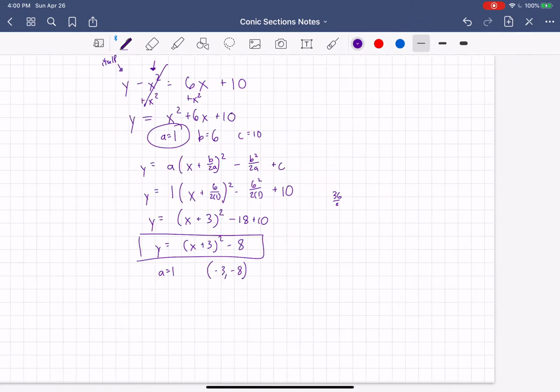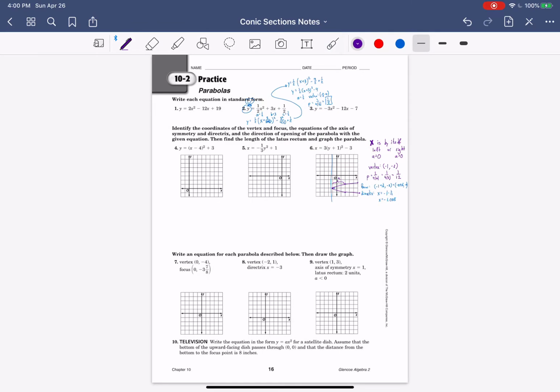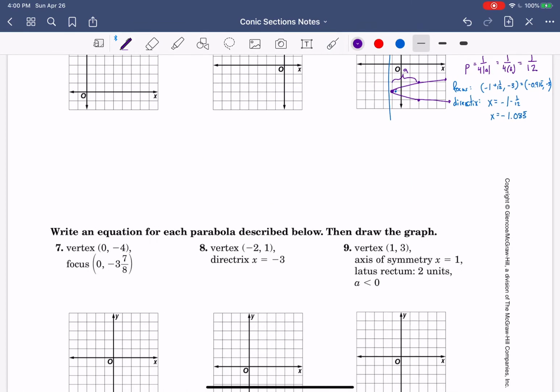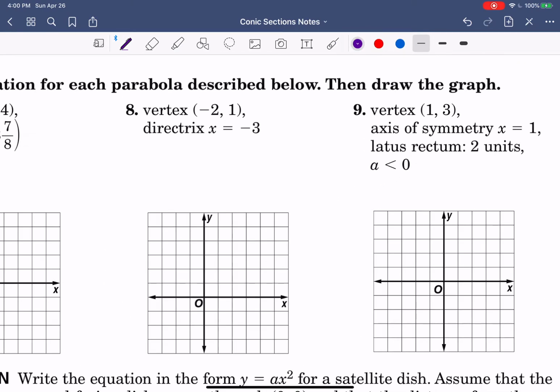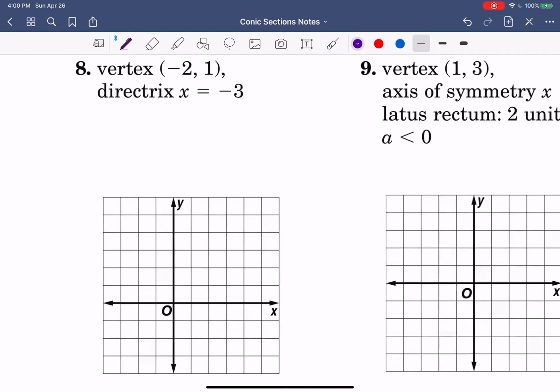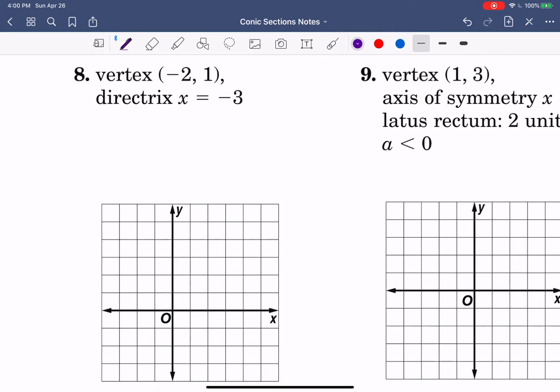So I'm looking for one more practice problem to do. So let's do number 8. All right. So they even give us a little graph to try and put it there. So sketch it first. Vertex, -2, 1. Directrix is vertical, x equals -3.